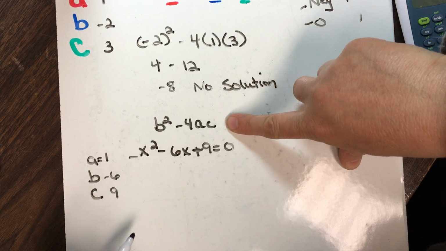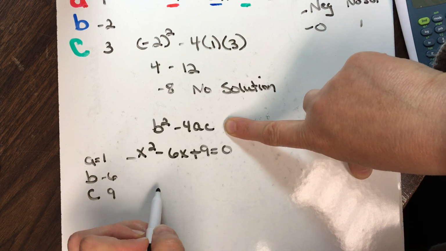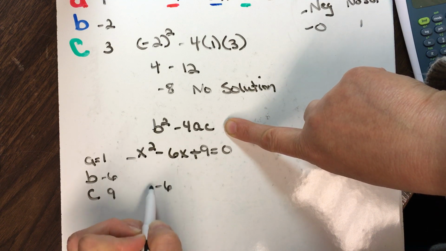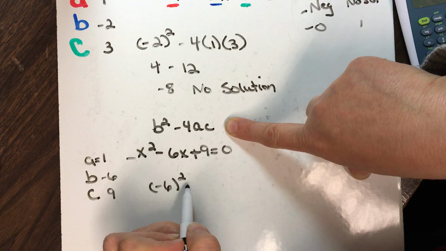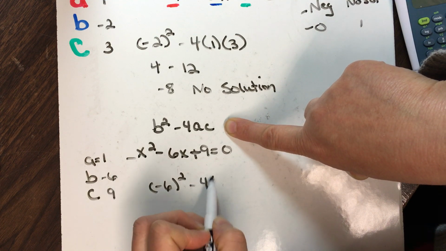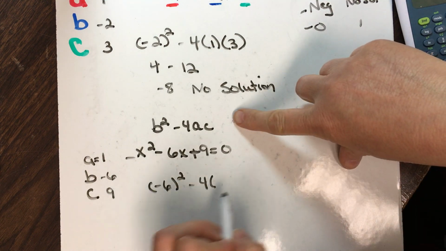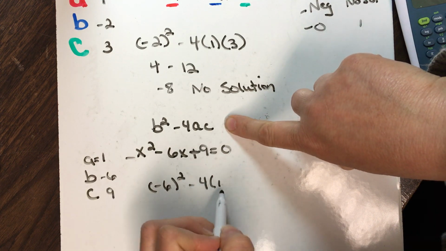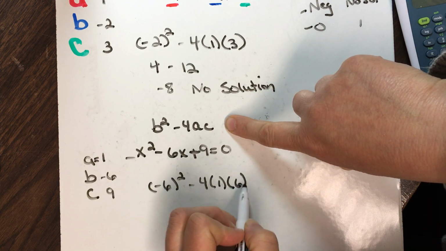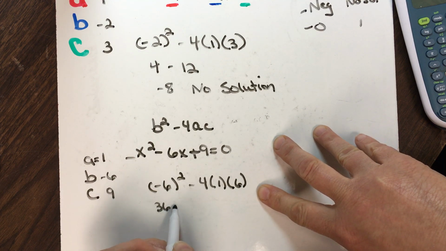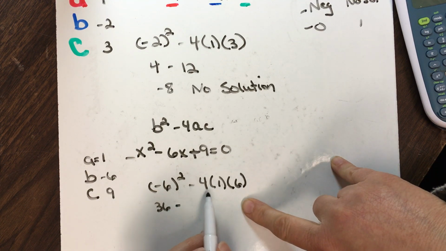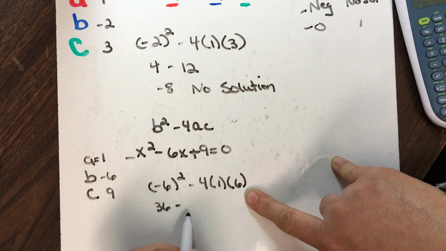All right, let's build our discriminant. I'm going to put that in parentheses because that's the way my calculator will give me the right answer. Minus 4. That's going to be 36 minus 4 times 1 times 6.